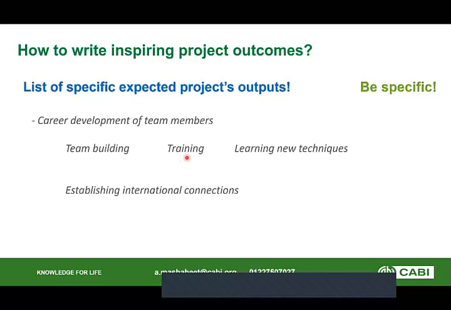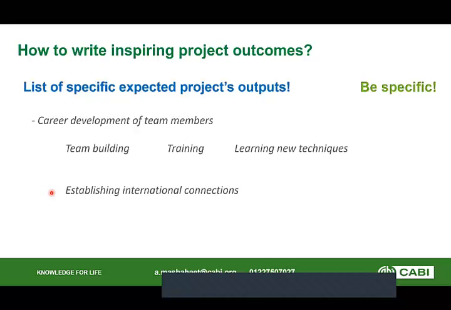Additionally, if the research team is learning a new technique or a new methodology that they were not aware of before, especially if it is a first in the college, first in the university, or first nationwide, probably these are also some very key career development outputs that we should list and highlight.